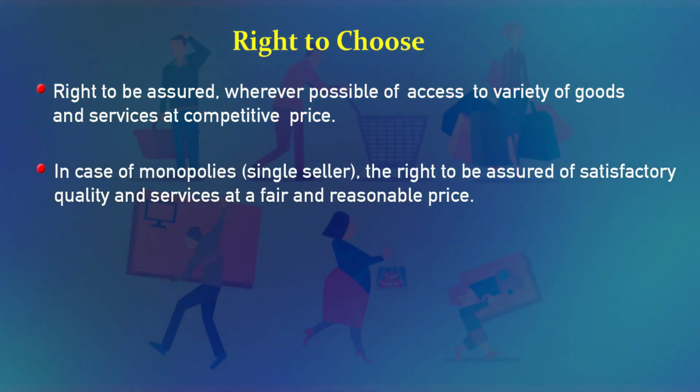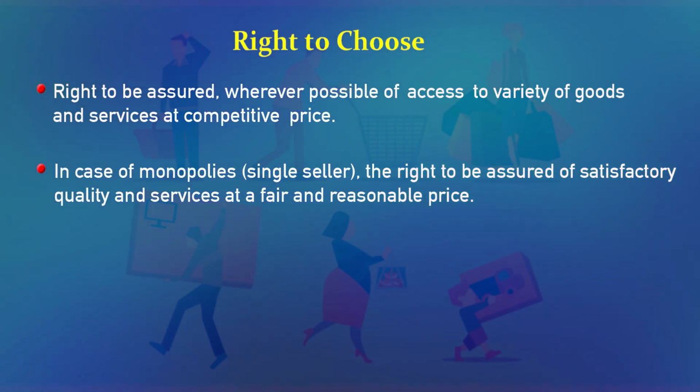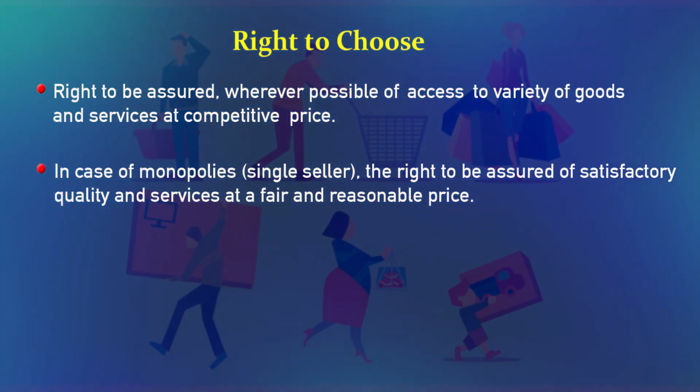Different varieties should be made available to the consumer, so that among the varieties available, the consumer is in a position to select one out of several products. In the case of a single seller, there are certain products with a monopoly. Where there are a few sellers, it is called an oligopoly, and a duopoly means where there are two sellers.